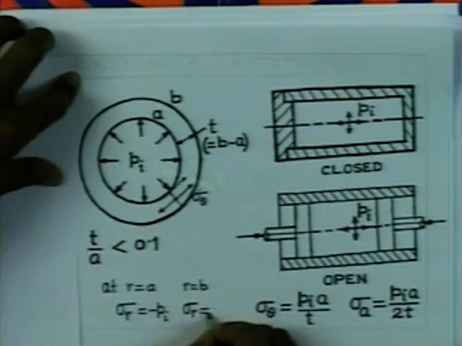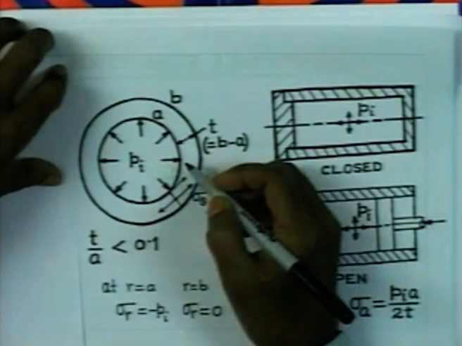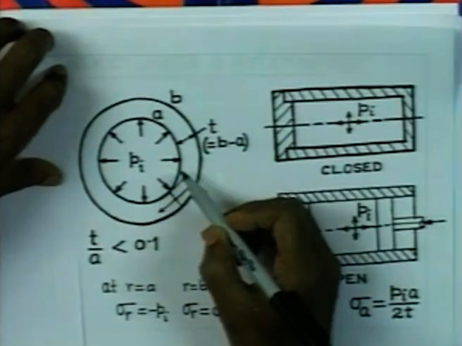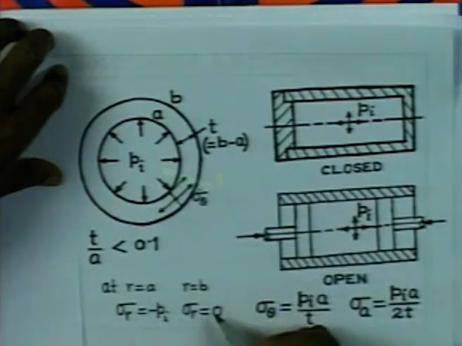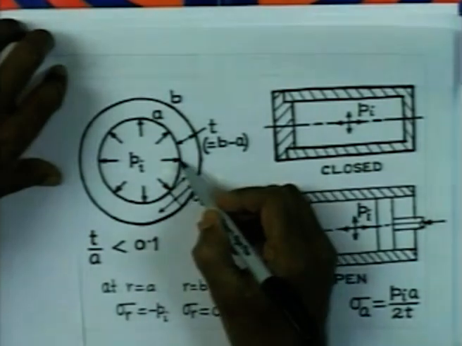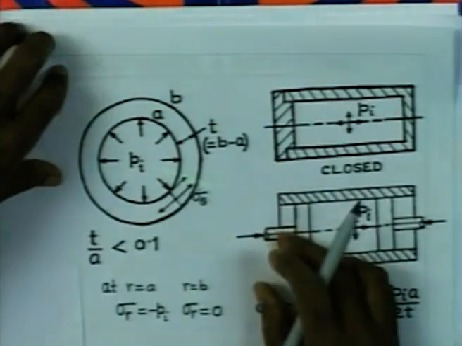If there is no loading at the outer surface, it is going to be 0. So, we have not considered the existence of this radial stress at all in the thin cylinder, but there is no doubt that the radial stress is maximum at the inner radius and it is 0 at the outer radius in the case of internal pressure loading.